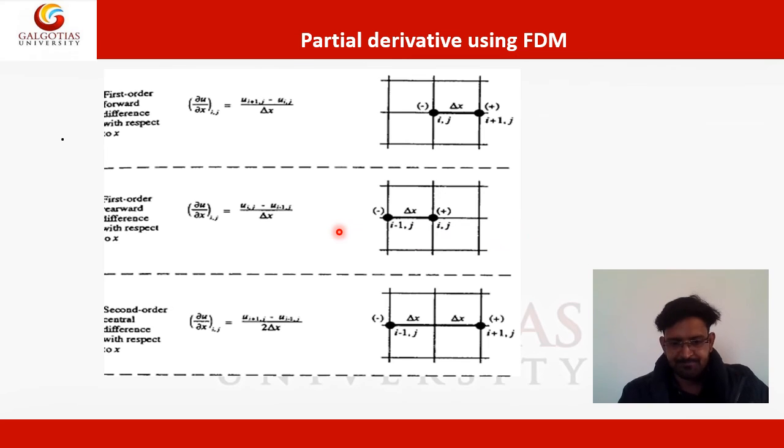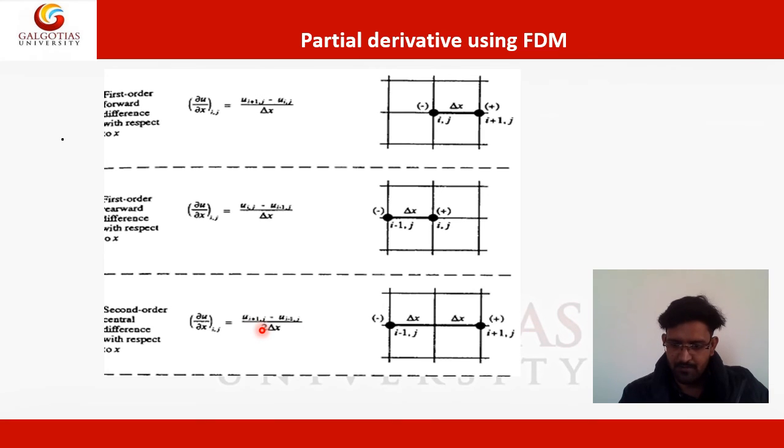Now here we are seeing the second order central difference with respect to x. This is an element, here it was the center, so we are moving a delta x distance forward, that is going to be i plus 1, j, and moving backward, i minus 1, j. So the total distance is going to be 2 delta x. Our variation is from u i plus 1, j to u i minus 1, j.